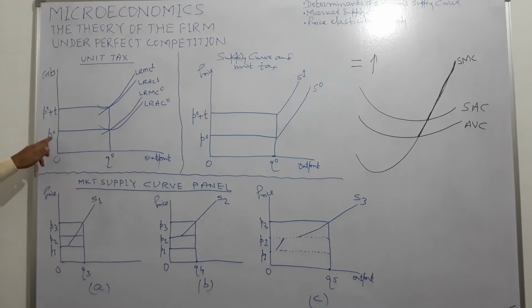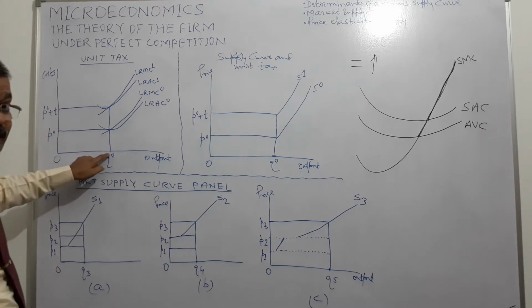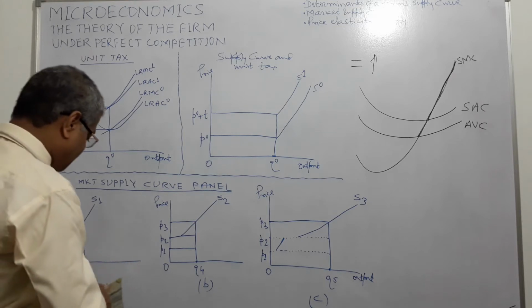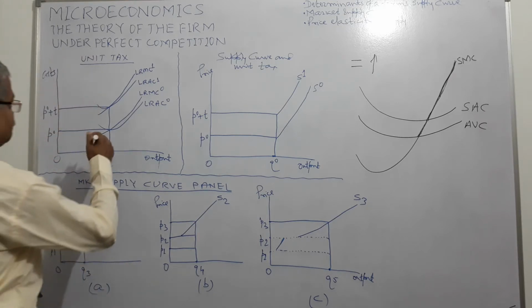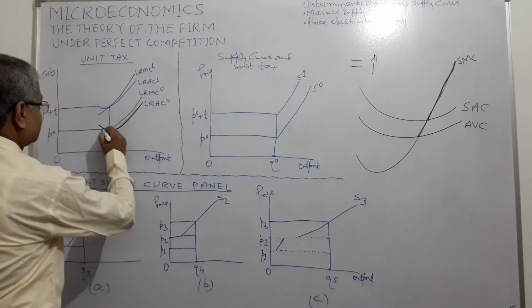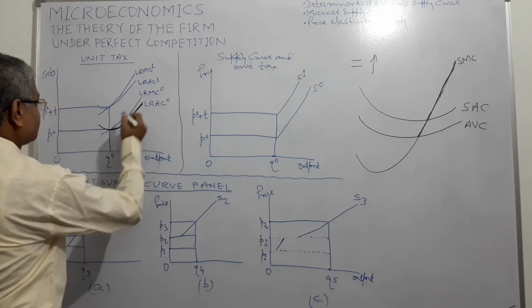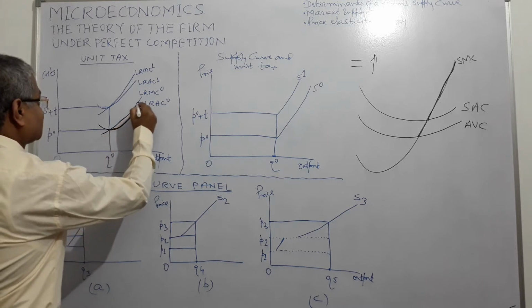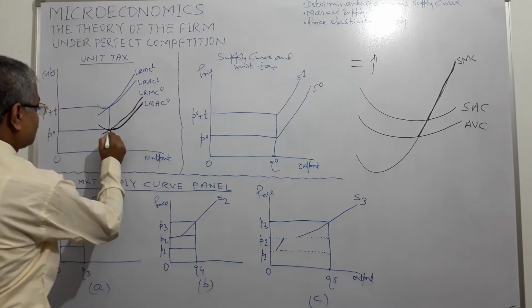So what happens? Here, suppose original price level was P0. This is the price level, and the quantity supplied was Q0, and this is the long run average cost at P0, and from below LRMC cuts it. So this is the point.